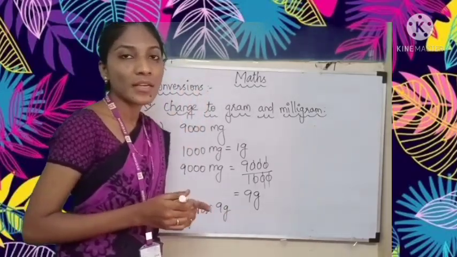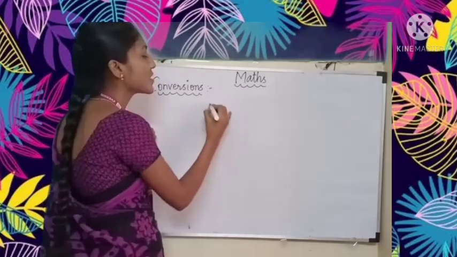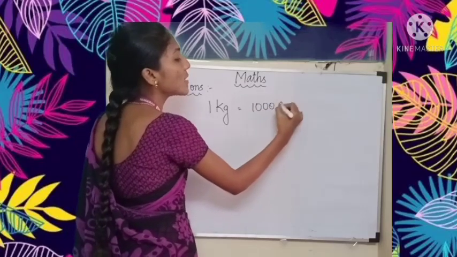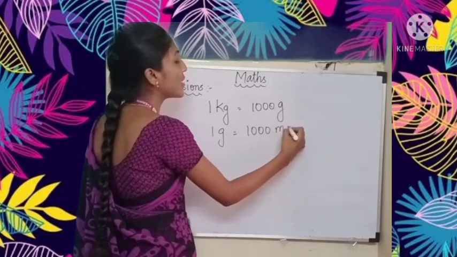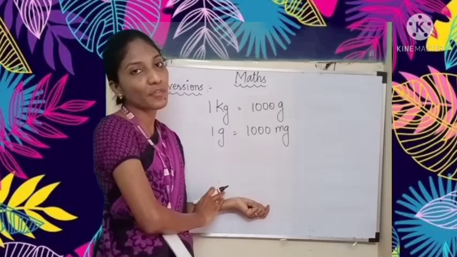Clear, children? So in conversions, what you should keep in your mind? First the formulas. 1 kg is equal to 1000 gram. 1 gram is equal to 1000 milligram. These are the two formulas we are using for measurement of weight.